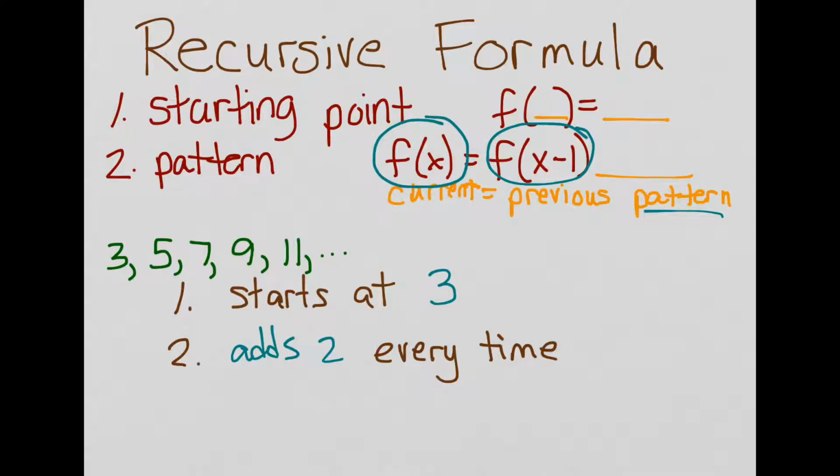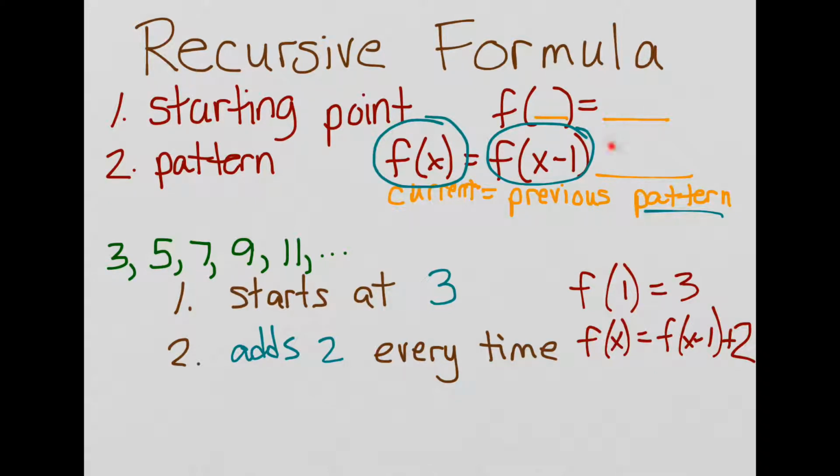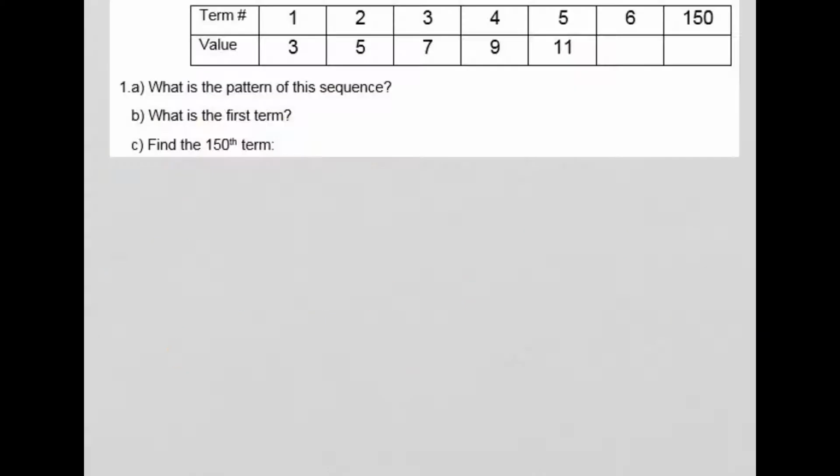So my recursive formula would look like f of 1 equals 3, and to find f of x, the next term, I will take f of x minus 1, that's a subtract, and add 2. I just have to put in those 3 missing parts. We put in which term I'm starting with, what it is, and what the pattern is. And that's how you write a recursive formula.